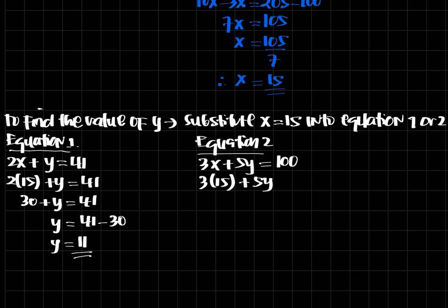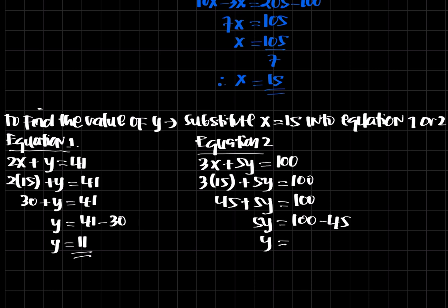So 5y equals 100 minus 45, which is 55. Divide by 5, y equals 11. Look at that. So they both have the same answer.